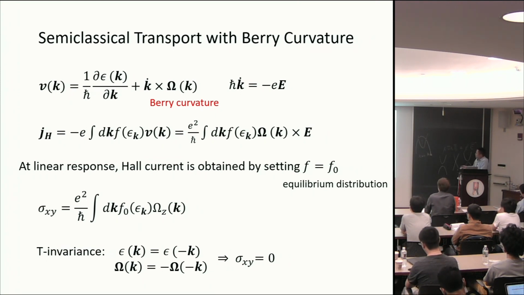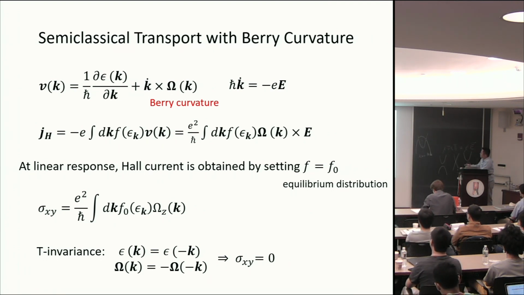Once we take the integral of the anomalous velocity over all the occupied states, we get a transverse current, because this anomalous velocity is always perpendicular to the applied electric field. So this leads to a transverse current. Now, at the level of linear response, we are looking for a transverse current that's linearly proportional to the applied electric field.